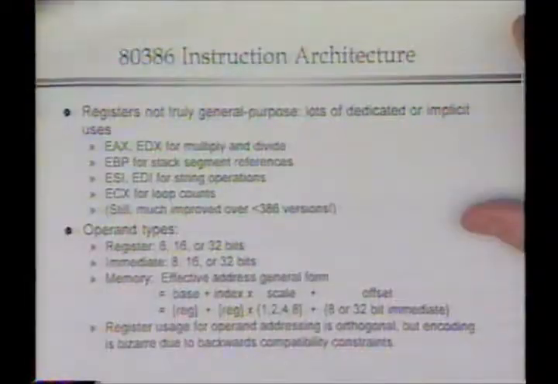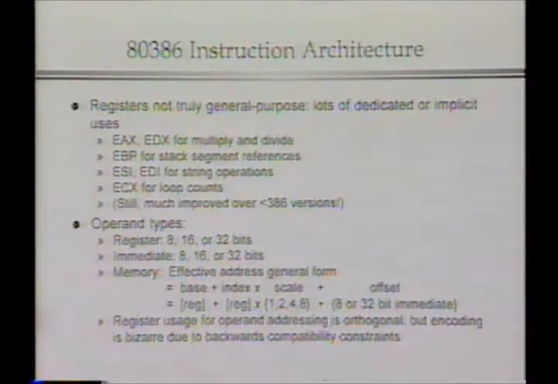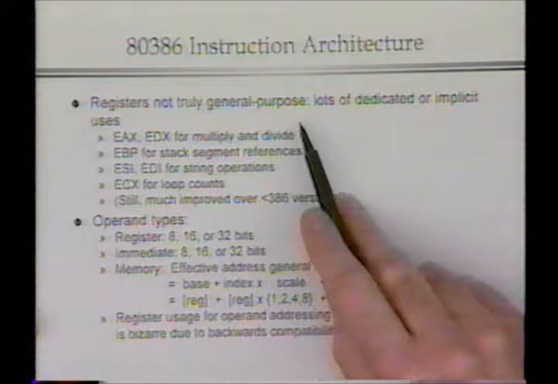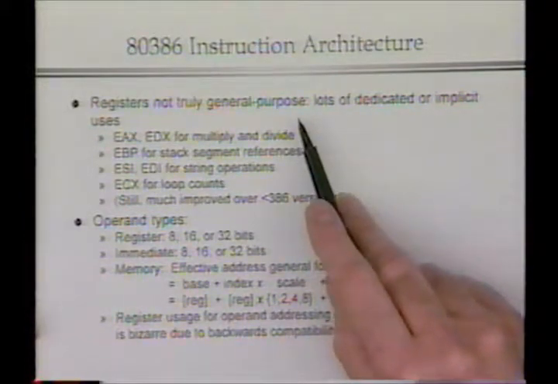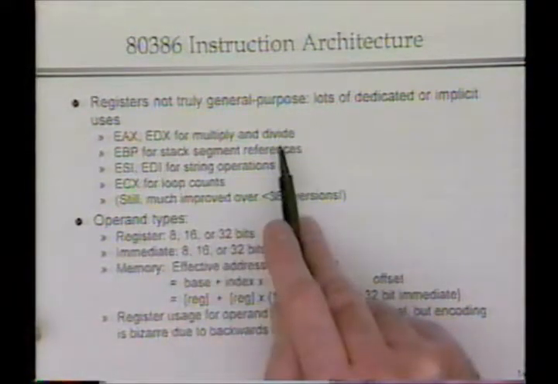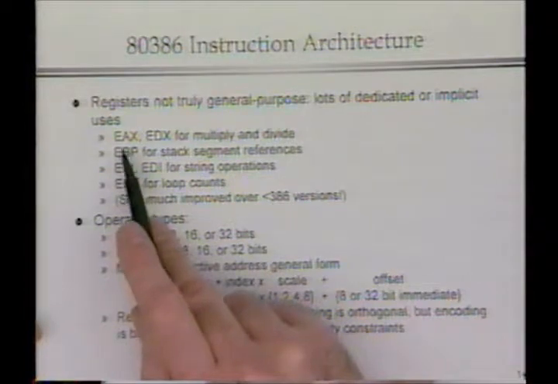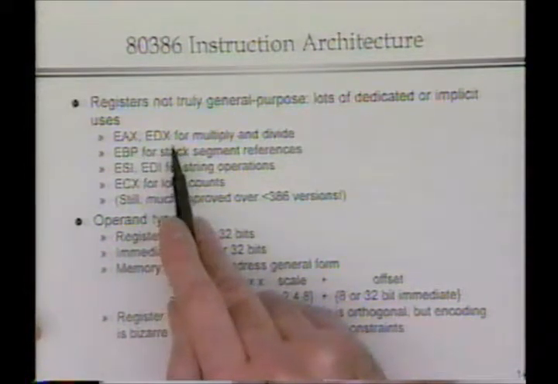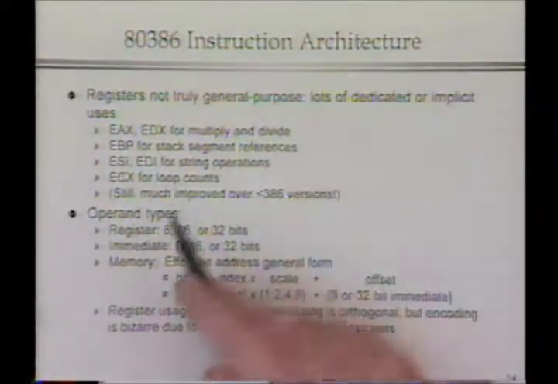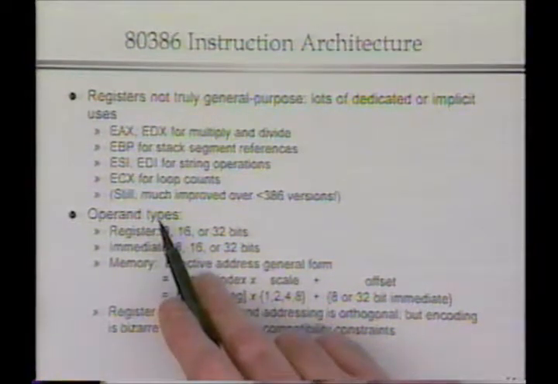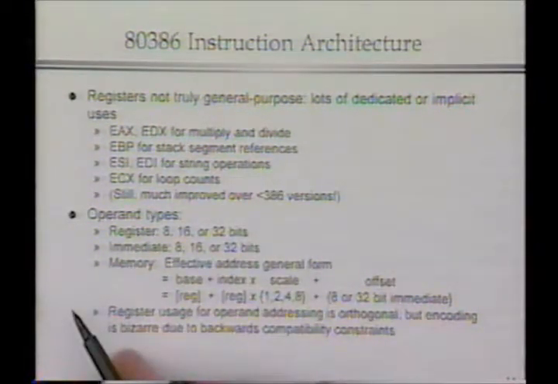Now, part of the problem, and one of the reasons why this kind of a machine is not as attractive to programmers compared to a RISC machine, is that most of the registers are not truly general purpose. For example, when you're doing multiply and divide instructions, implicitly EAX, the extended AX register, and EBX are used as some of the operands for the multiply and divide instructions.